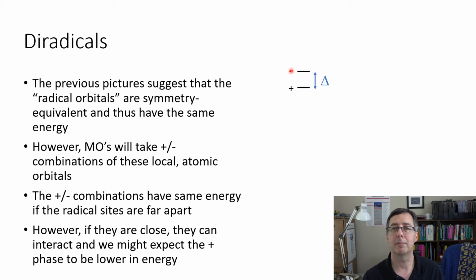The minus combination has a node in between, so it has a little bit of antibonding character. There will be some gap, delta, between these that should grow as the radical centers get closer and closer and have more chance to communicate with each other. As they get farther apart, delta should become very small.